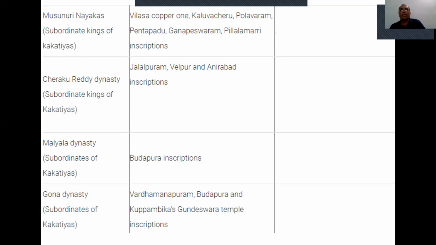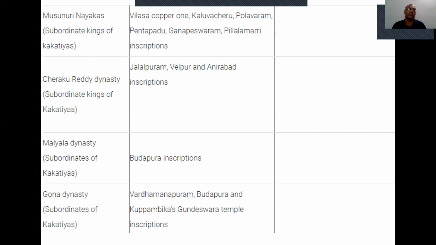And the areas where you find their inscriptions are Jalalapuram, Velapuru and Anirbath. These are the three regions where you find the Cheraku Reddy kings, who are the subordinate kings of the Kakatiyas, who ruled in this particular region. And similarly, you have the Malayala dynasty, who are the subordinates.